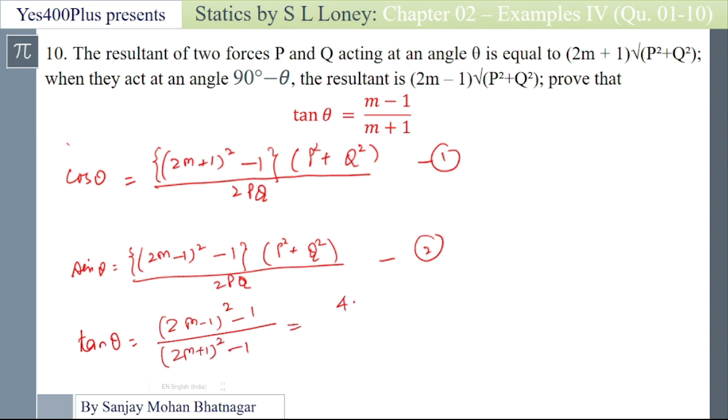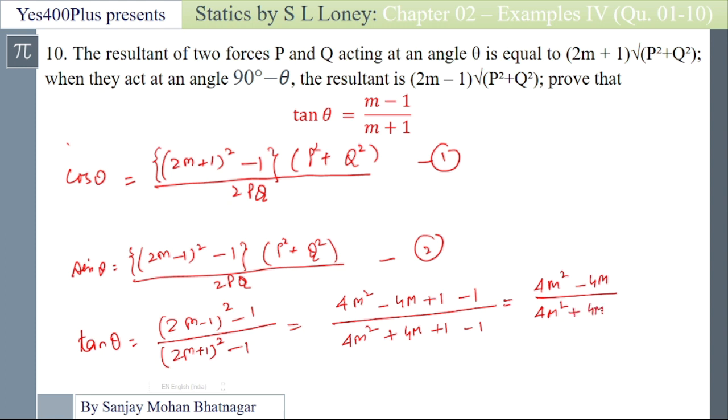So this is (4m square minus 4m plus 1 minus 1) upon (4m square plus 4m plus 1 minus 1). So this is (4m square minus 4m) upon (4m square plus 4m). So this is (m minus 1) upon (m plus 1). Okay.